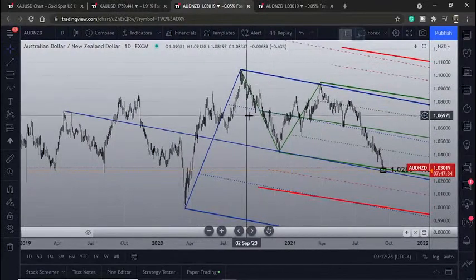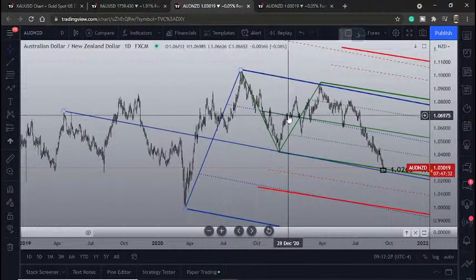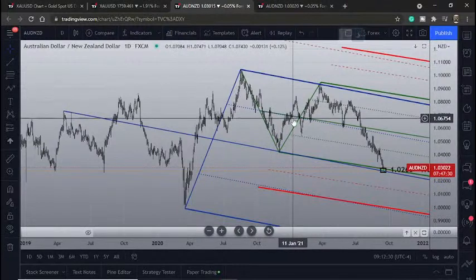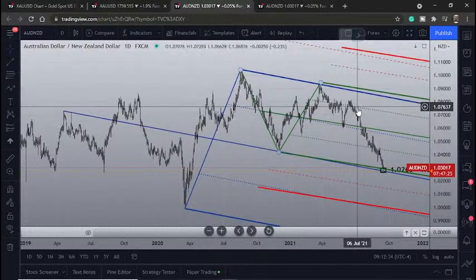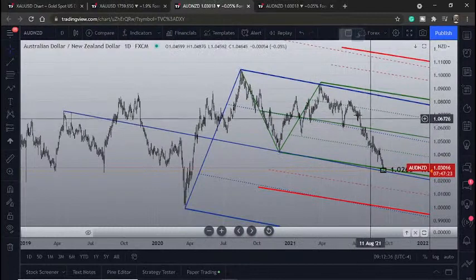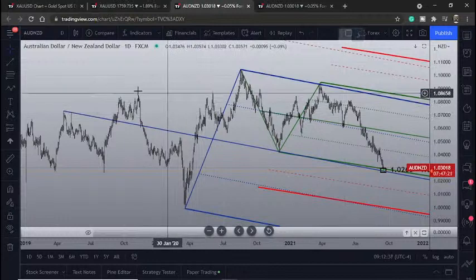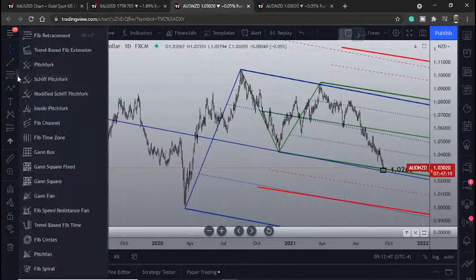And we can see on many occasions support there, resistance, resistance, up, support, broke down, up, support, support, broke down, and resistance again. Now that's a very, very good indication that we're using the right pitchfork.